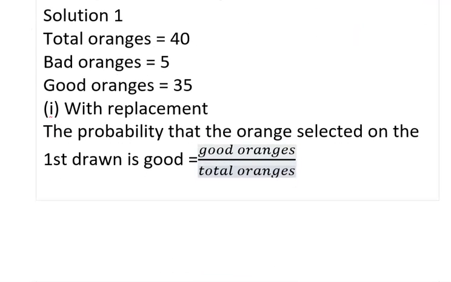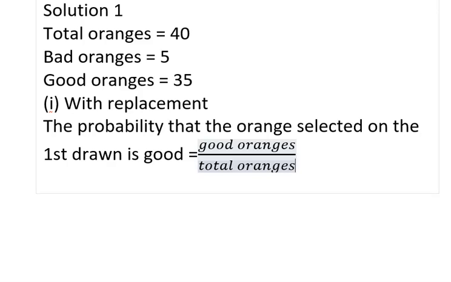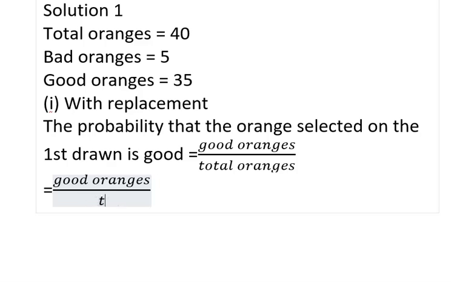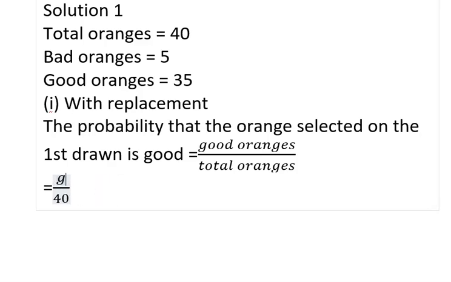Now, the first draw, when the first orange was removed, those good oranges, we have how many of them? 35. And total is how many? 40. Okay, and good oranges, we have how many of them? We have 35. Awesome. So when the first orange was removed, this is what we have.